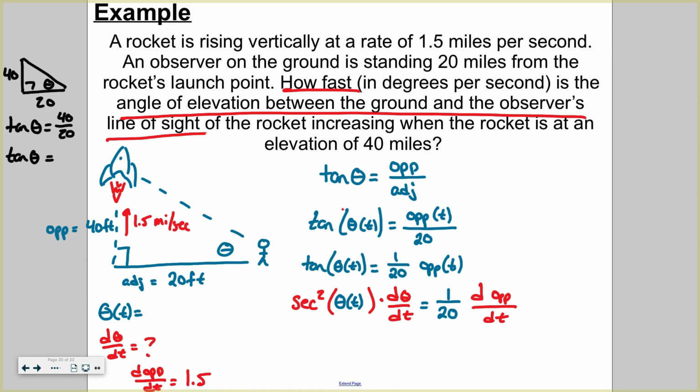So tangent of theta is equal to 2, and theta is going to be inverse tangent of 2. In our calculators, let's make sure that we set our mode to degrees. Then we just do inverse tangent of 2, and we're going to get 63.4 degrees.